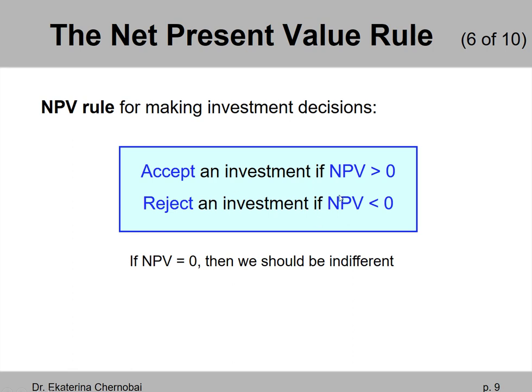In my opinion, for a big project that costs, let's say, millions of dollars or billions of dollars, what if you get the NPV of, say, $1,000? I would probably say that the project should be rejected because you only get $1,000 out of millions and millions that were invested.